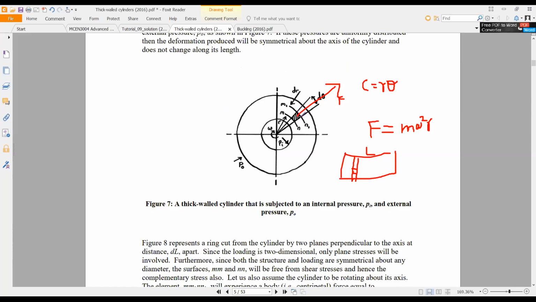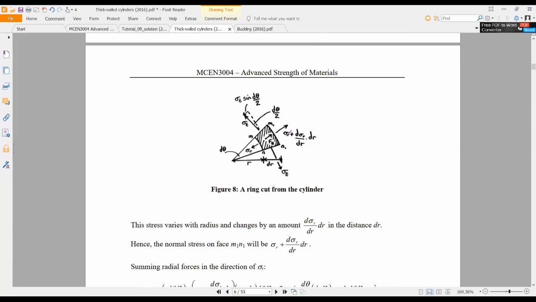On this side it is sigma R. If it is a balanced system, it should be sigma R on this side as well, plus, due to this distance, d sigma R differentiated with the radius, since the nominal stress will change.